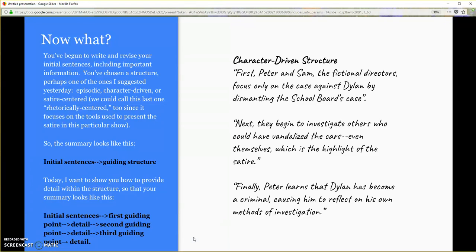Today, I'm going to talk about how to add detail to your logical structure, right? So right now, the summary that I've laid out for you, or the template, the structure, would be these first initial sentences. And you had a lot of examples of those from yesterday's video. And then I listed some possible guiding principles or a guiding structure.